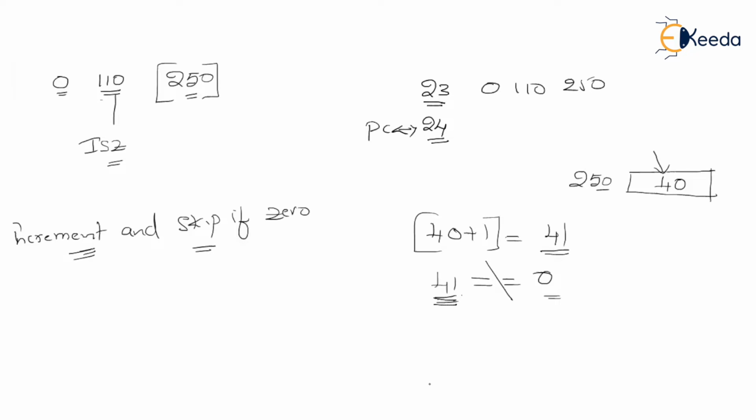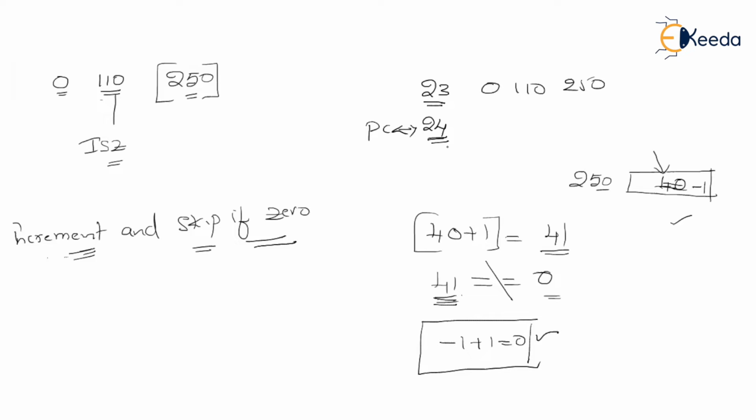Okay. For an example, the value under 250 is -1. After incrementing, -1 plus 1 will be equal to 0. Then the condition is satisfied. Increment and skip the next instruction if the value is equal to 0. Next instruction will obviously be skipped because the incremented value is equal to 0. After incrementing the operand, we reached a value that is 0.